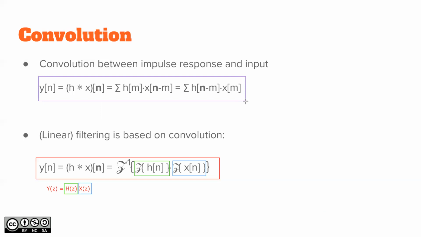You calculate a linear convolution, which is just a simple weighted sum of inputs. The inverse Z transform of a transfer function is the impulse response.